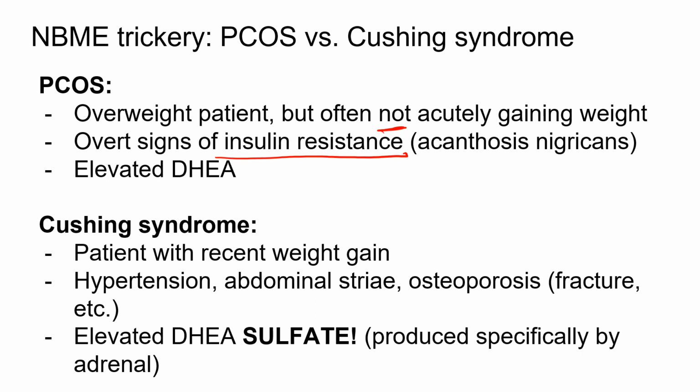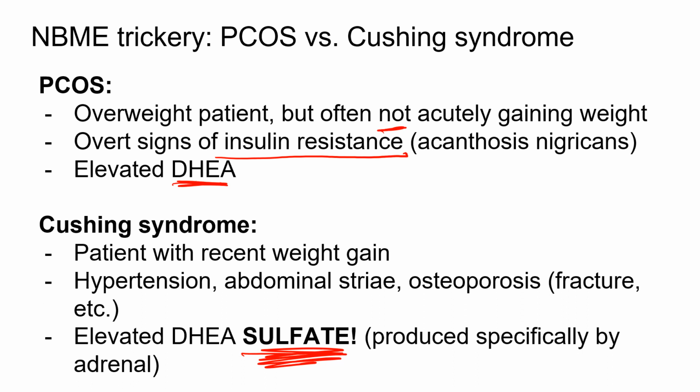And one important thing is that DHEA sulfate is produced specifically by the adrenal gland. So if you have someone with increased DHEA sulfate, then you're dealing with someone with Cushing syndrome because the androgens are coming from the adrenal gland. Whereas if you see someone just with elevated DHEA and a normal DHEA sulfate, then you're dealing with PCOS because the androgens are coming from the ovaries, not from the adrenal gland.